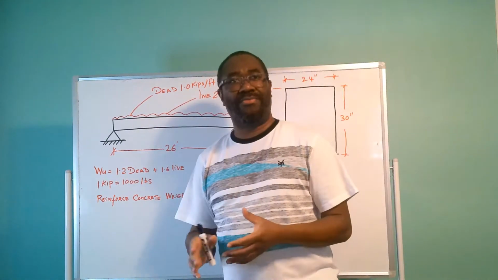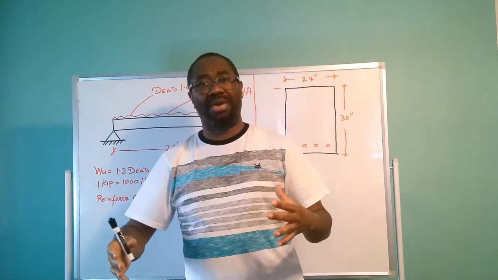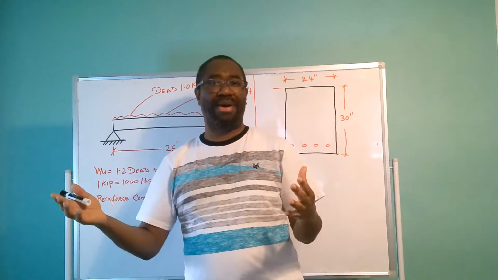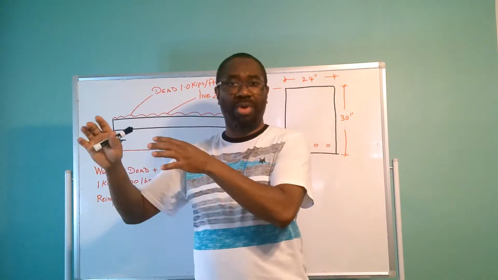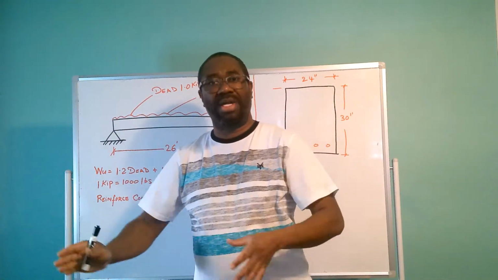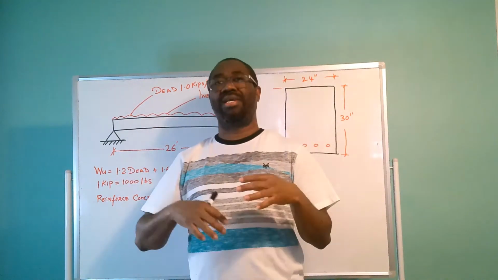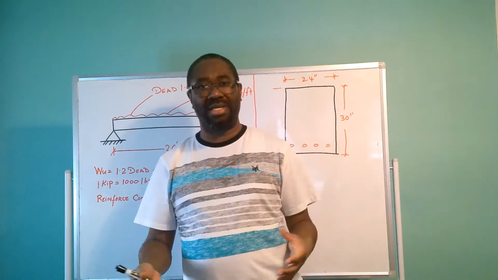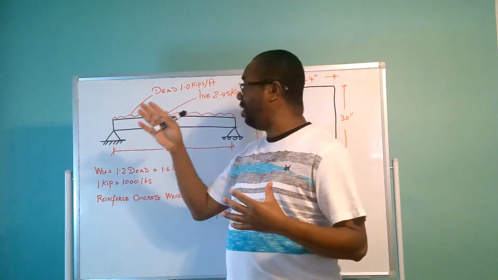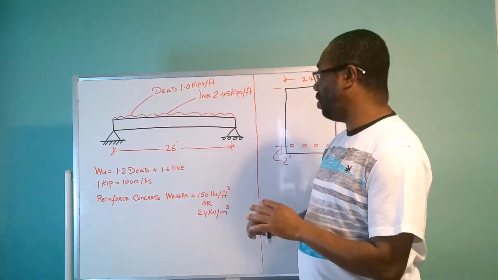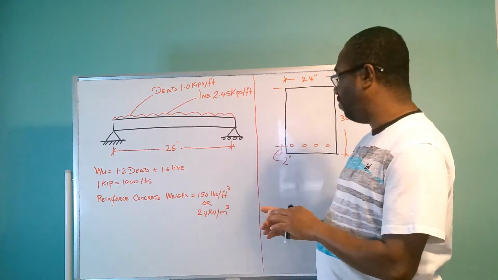So in other words, if the beam is going to carry 10 pounds, we design the beam to carry a little bit above 10 pounds, say 10.5 pounds or 11 pounds. So we do not just put the exact load weight in the calculation, we beef it up to ensure that at the end of the design, the engineer can say to his client or to the architect that yes, he is 90% sure or 100% sure that this beam can carry the load. So that is why we factor our load, 1.2 dead plus 1.6 live.